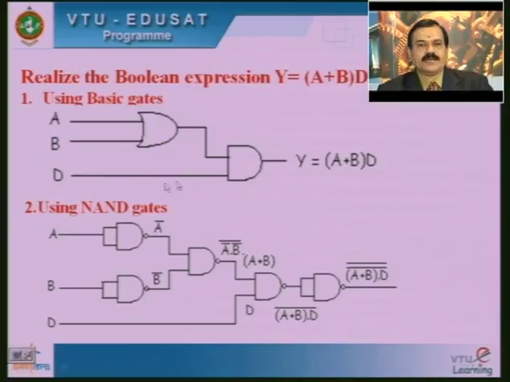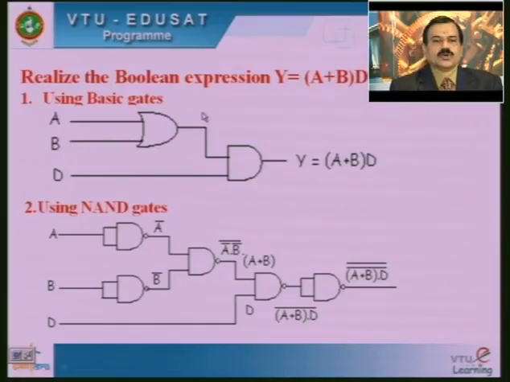A plus B can be implemented with the OR gate. One input is A, another input is B, so the output of this gate is nothing but A plus B. After that D is also added to this, and the output of the AND gate is exactly the multiplication of A plus B into D. That is given in the Y equation at the end of this circuit.